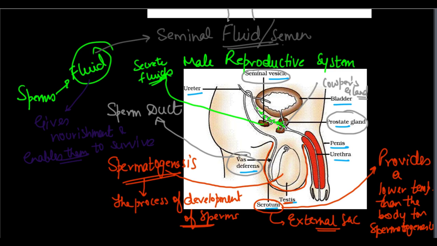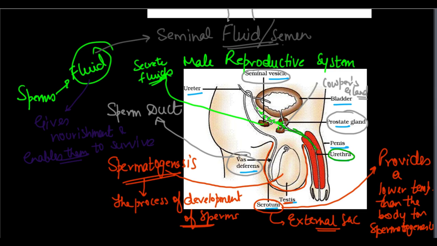After this, the semen travels to the urethra. You see, the urethra acts as a common passage for the removal of urine as well as the semen.